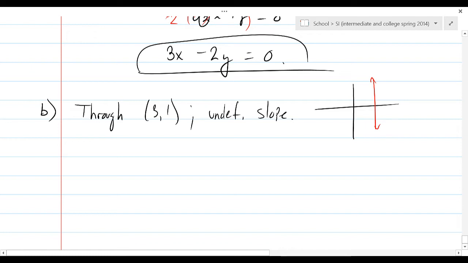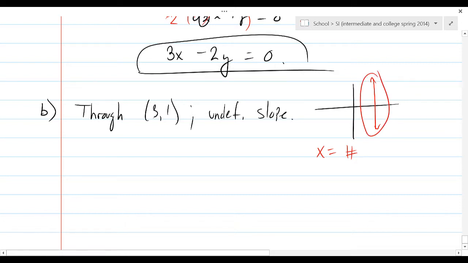So we know that this is a vertical line. Now, what does the equation of a vertical line look like? Well, it's usually x equals some number. Usually, it's the x value.